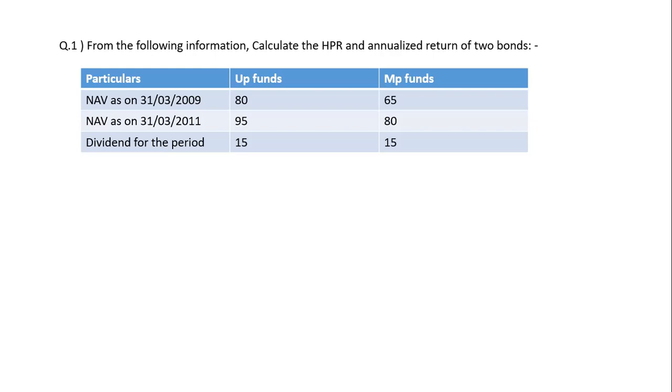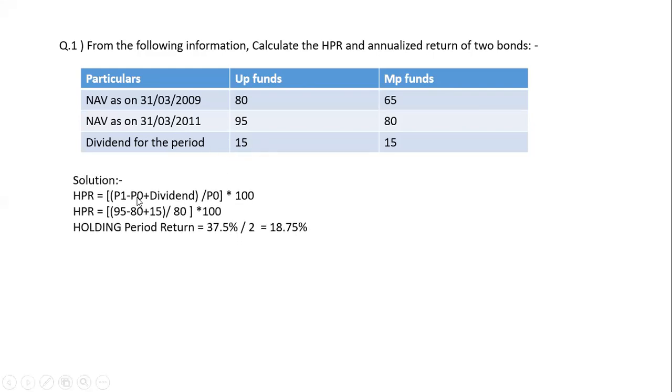Now, what is the formula of HPR? NAV at the end, that is 2011. First, we have to write 95 minus NAV at the beginning, 80, plus income, divided by NAV at beginning. This is the formula: P1 minus P0. P1 is NAV at the end.